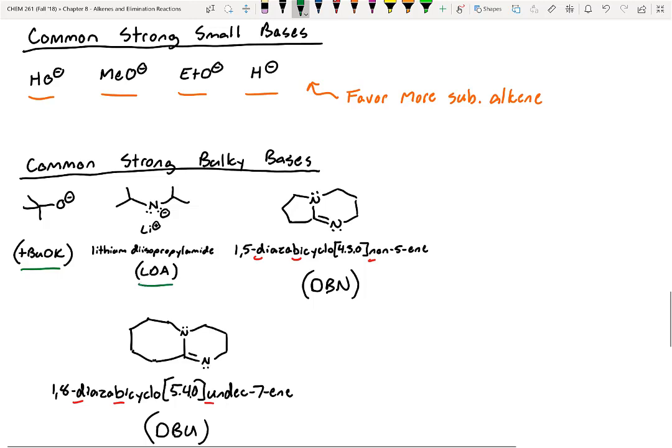And then we've got 1,5-diazabicyclo[4.3.0]non-5-ene, commonly referred to as DBN. And then at the bottom, we've got 1,8-diazabicyclo[5.4.0]undec-7-ene, commonly referred to as DBU. All right, all of these are so bulky that they have a hard time reaching the more substituted beta proton and lead to the less substituted alkene.